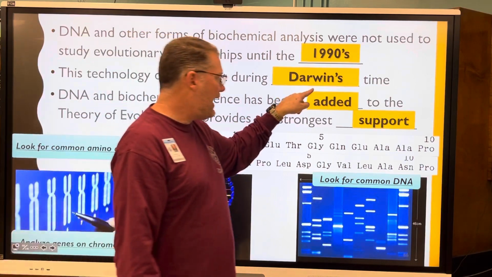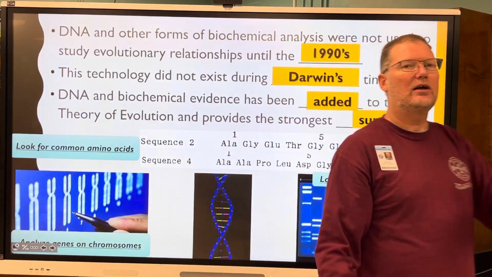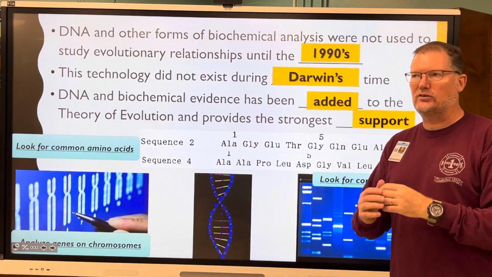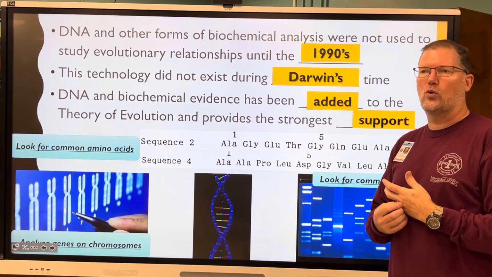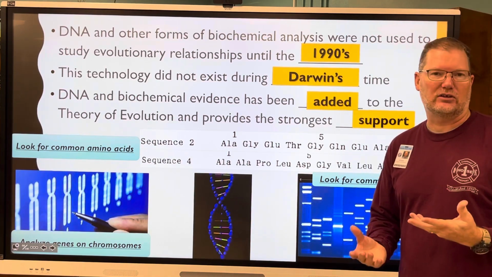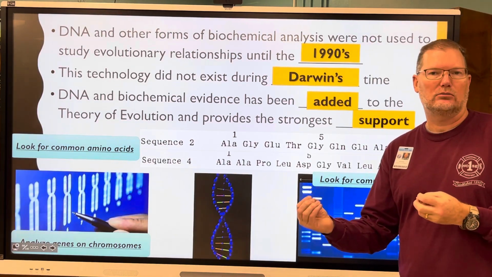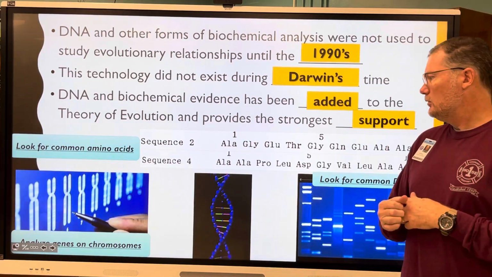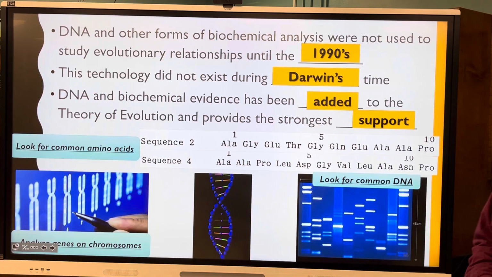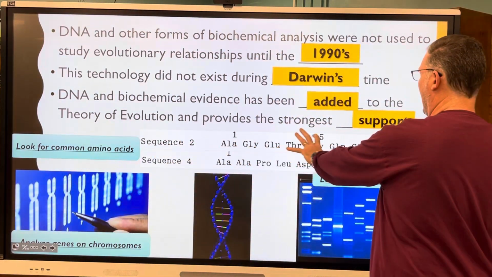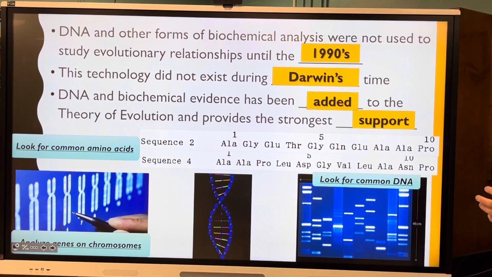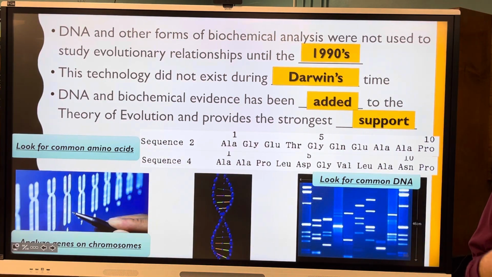When things are added to a theory, the theory changes. That doesn't make it less strong, it just changes it to have a new meaning, okay? So they look for genes on enzymes, they look for the amino acid sequences, common DNA between the organisms. And the more common they are, the more they're related.